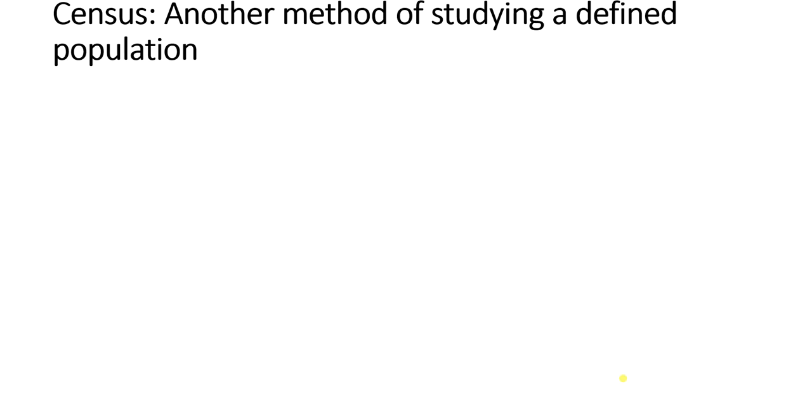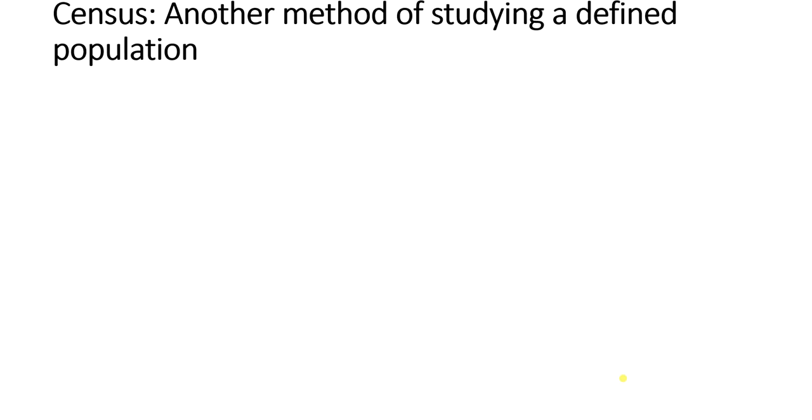Now, as I said earlier, we often do not study the whole population because studying the whole population is not a very convenient method. But you may say, sir, since the population is defined by the researcher, we can define a small population that can easily be studied.